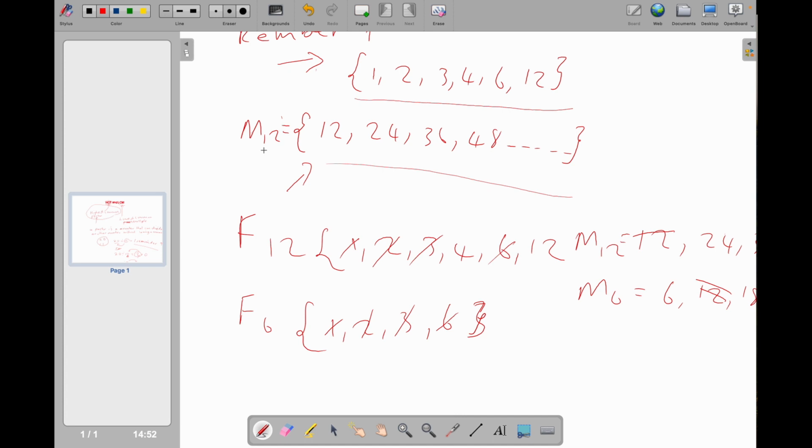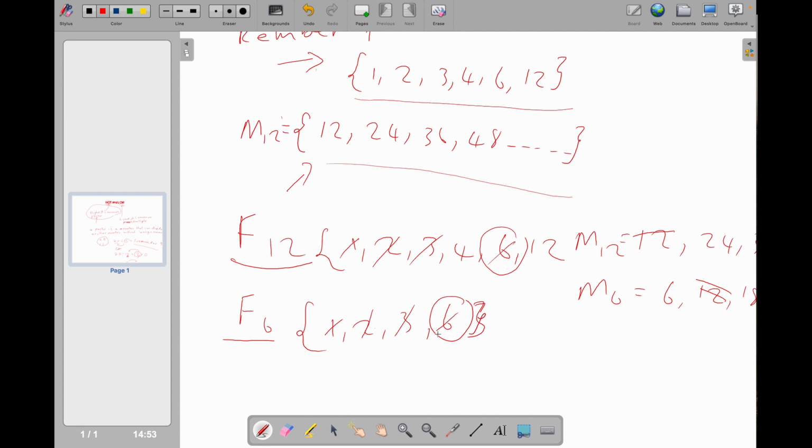So highest common factor: here we have factors of 12 and factors of 6. Which one is the highest? We can see 6 is the highest, because highest means the biggest number. Factors of 6 are 1, 2, 3, and 6, and then we have 1, 2, 3, 4, 6, and 12. So which one is the highest?